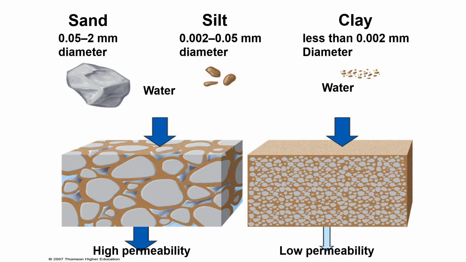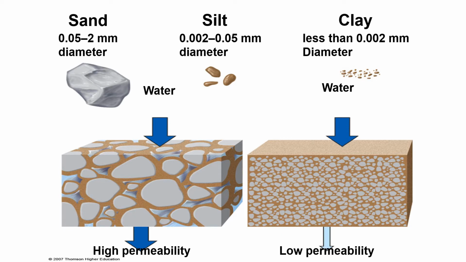I was just talking about sand and clay, and so here we are. When we look at soil, there are really just three sizes of particle that we can concern ourselves with: sand, silt, and clay. Sand is our largest, clay being the smallest. The larger the particle, the lower the water holding capacity and the higher the permeability that soil will have.